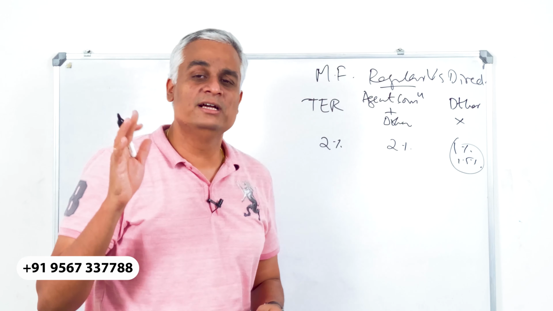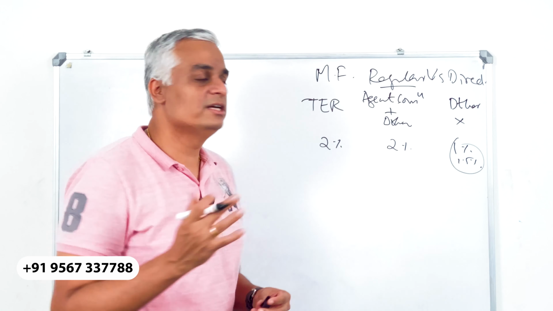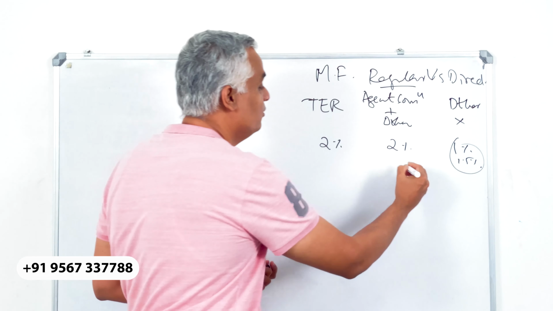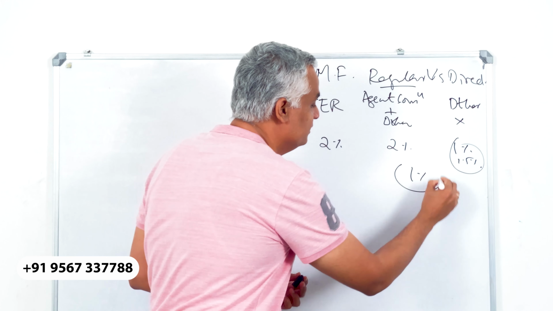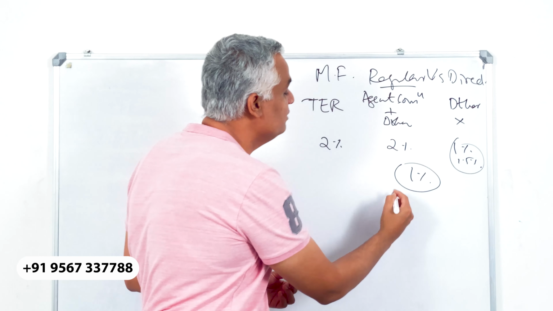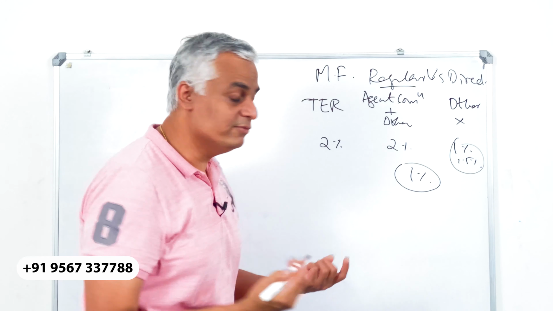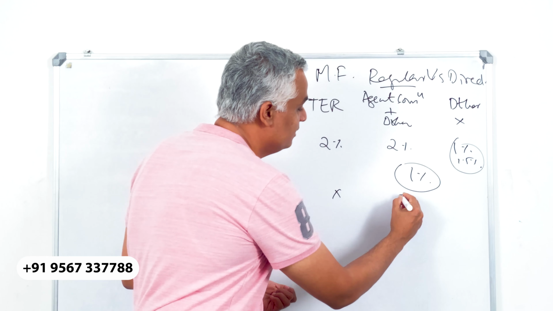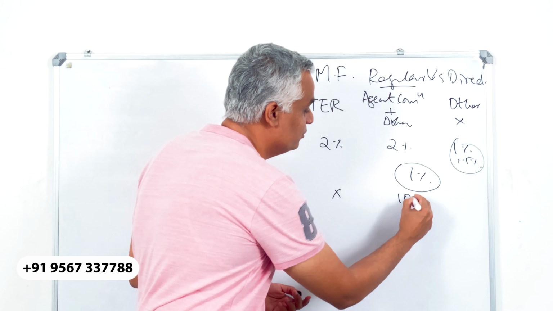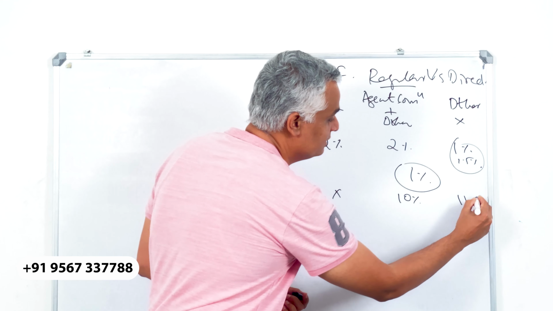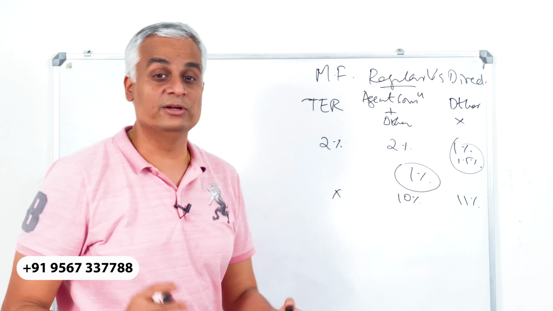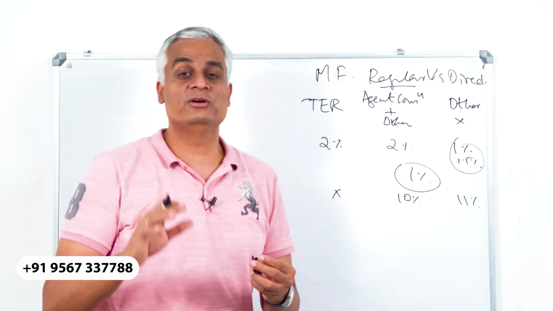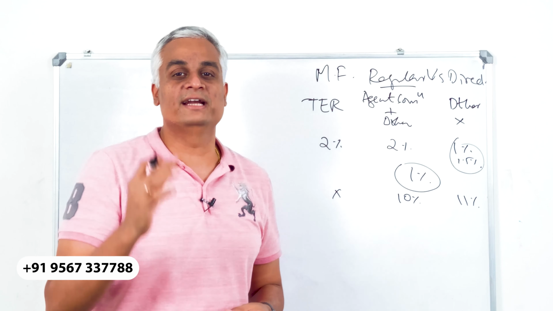On a large scale, we have a provision to save about 1% of return. If you invest in a regular scheme in the same fund, for example X fund, you are getting, let's say, 10% growth. Here in direct you have a chance to get 11% growth. So this is the one advantage when you go for direct schemes.